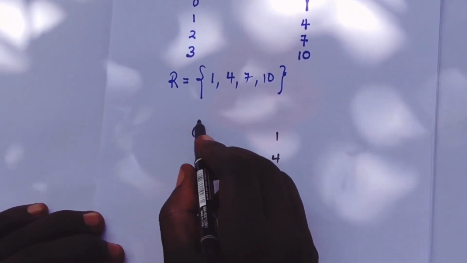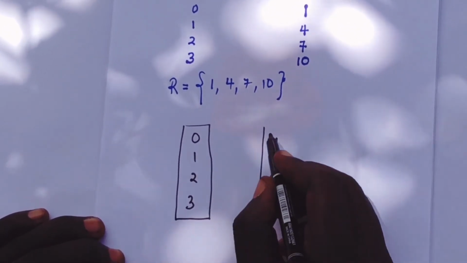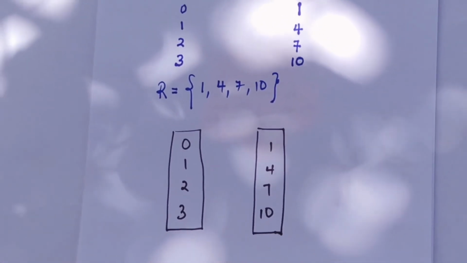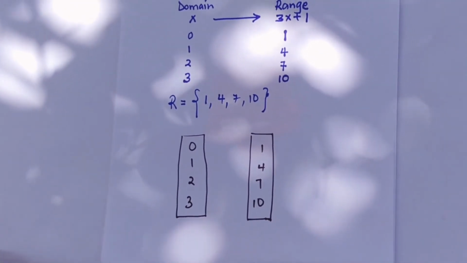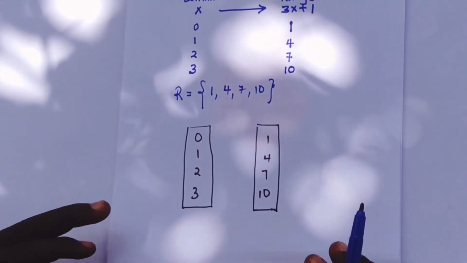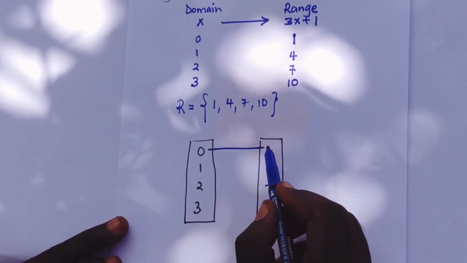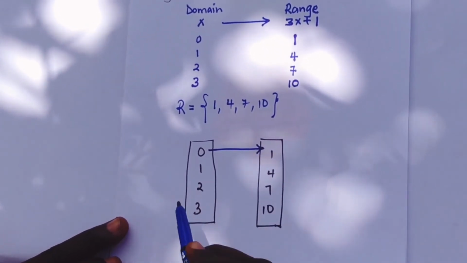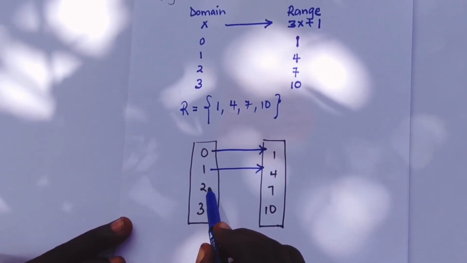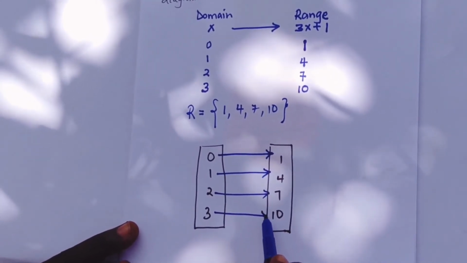In this case, we don't have any repeated values, so we have this, and we have the range as that. So, remember, we said this is strictly an arrow diagram. A mapping is an arrow diagram. So we're going to have 0 has been mapped into 1, and then 1 has been mapped into 4, and 2 has been mapped onto 7, and then 3 has been mapped onto 10.